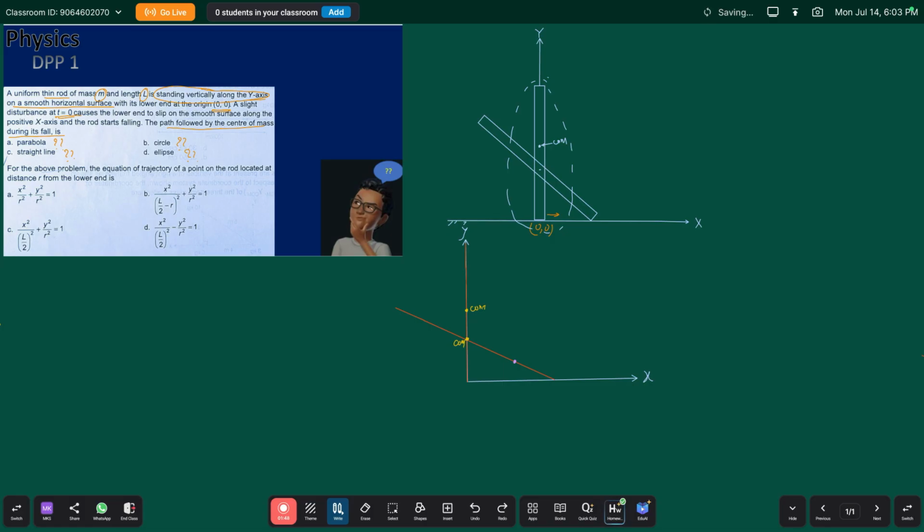Which forces will be acting on it when a little disturbance is given to it, suppose from here, or from here, or from here, and then we just leave it?